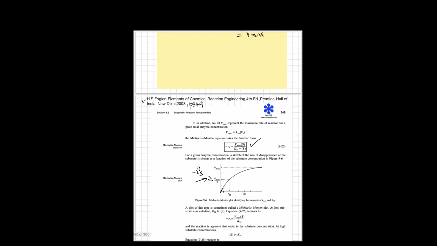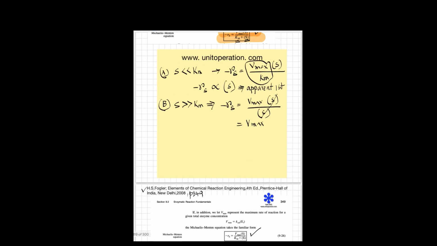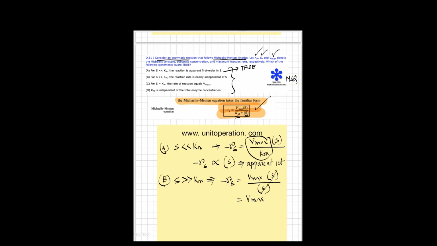When the substrate concentration is very high, we can see that the rate of reaction reaches a plateau, a constant value of Vmax, and it is independent of the substrate concentration. That means you can keep on increasing the substrate concentration, but the reaction rate does not change. So we can say option B, which says that when S is much greater than Km, the reaction is nearly independent of S, is also true.